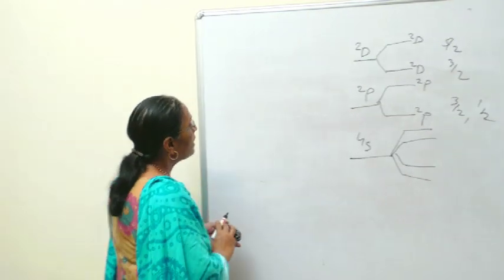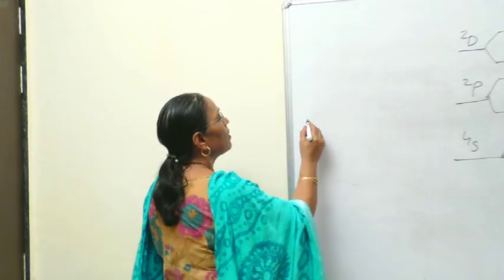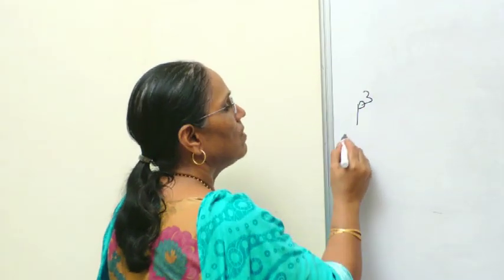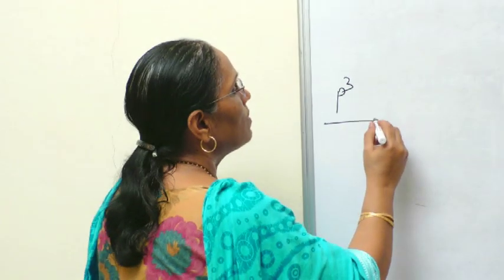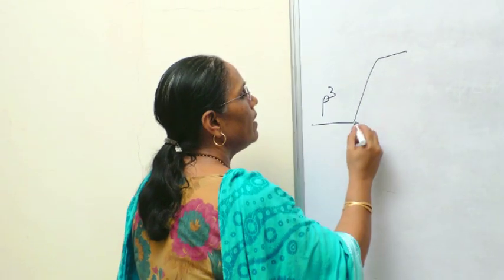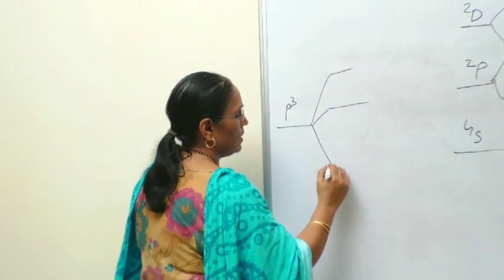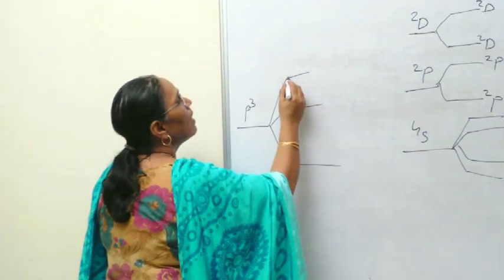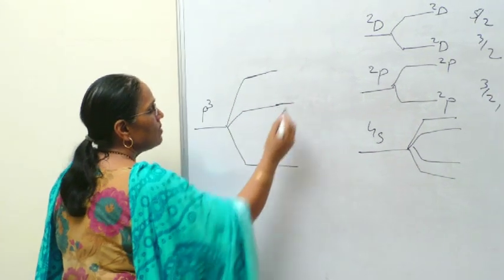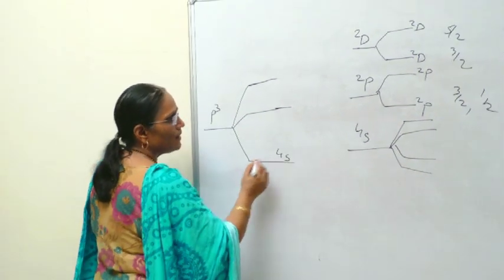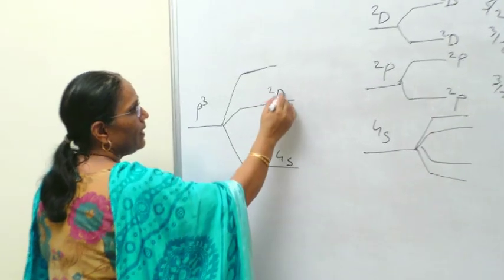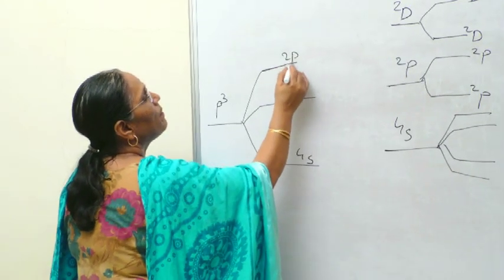Therefore the energy level sequence for the P3 configuration: first, P3 configuration is split into 3 terms, and these 3 terms, the ground state will be quartet S, followed by doublet D, and followed by doublet P.